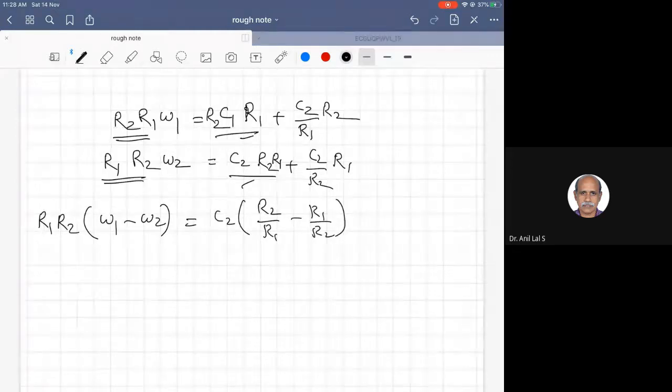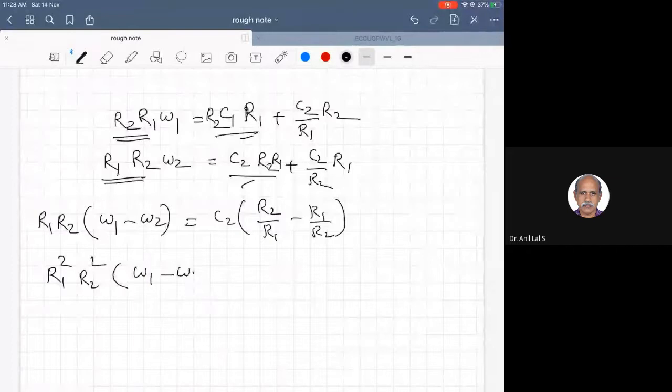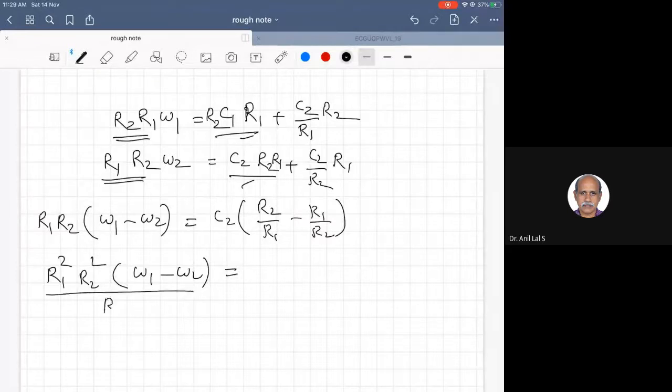So R1 squared R2 squared into omega 1 minus omega 2, over R2 squared minus R1 squared, is equal to C2. So we have C2 like this.